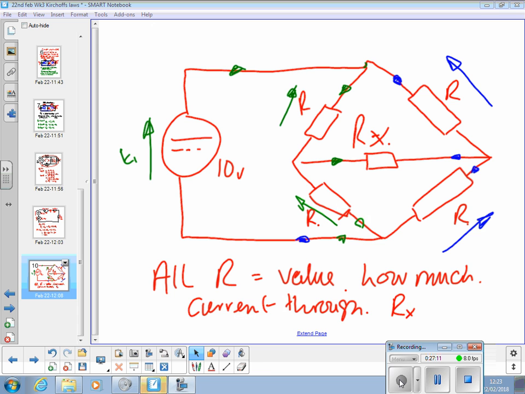Now, looking at this loop around there. So up there, through those two resistors, forget that one for a minute, because there's a complete loop from there, down there, through that resistor, down through here, back to there.